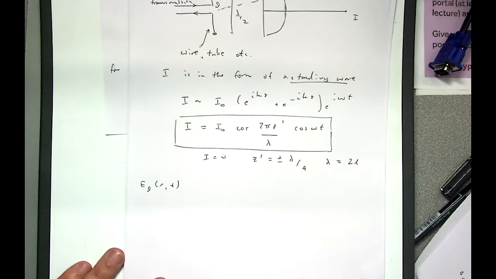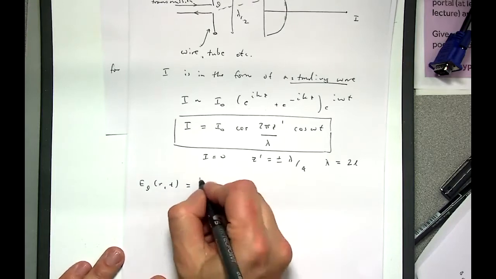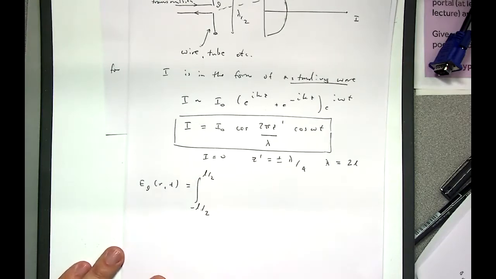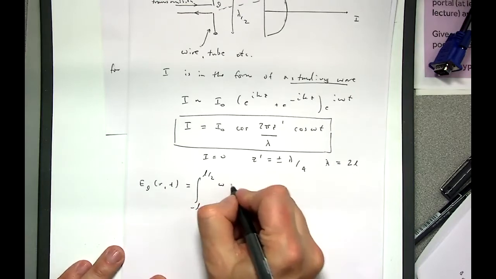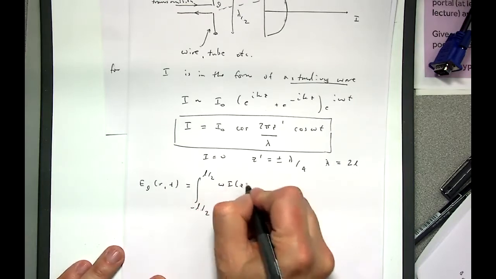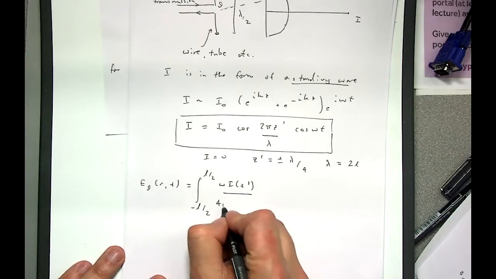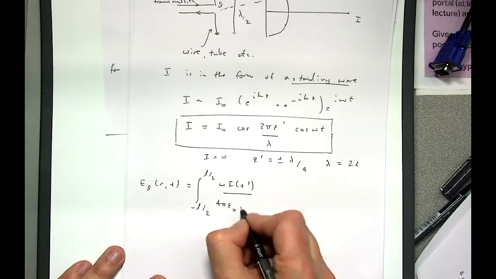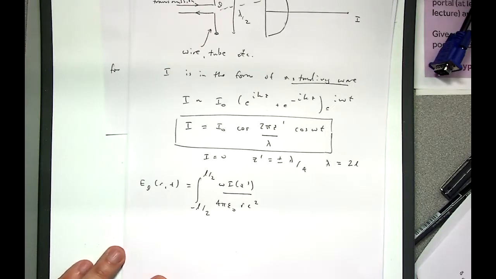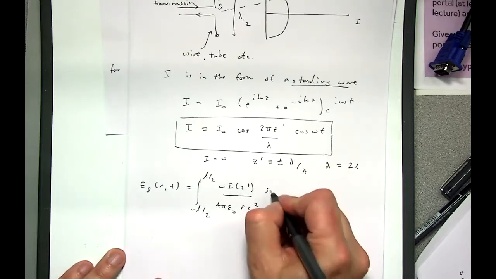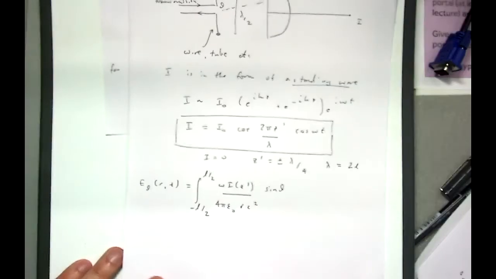I'm saying I need to calculate, from the bottom of the antenna to the top of the antenna, the amount of current that has flown. Calculate its contribution to the electric field. And then I need two components. I need a sine theta there.